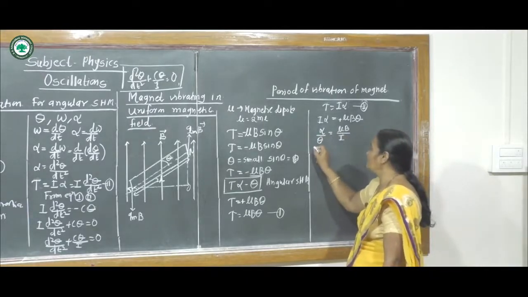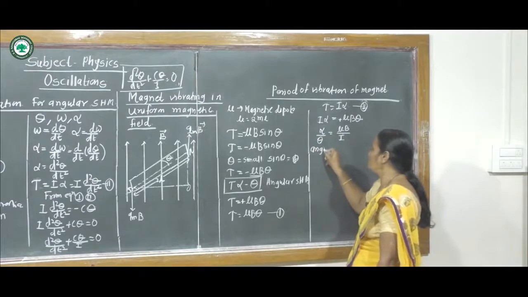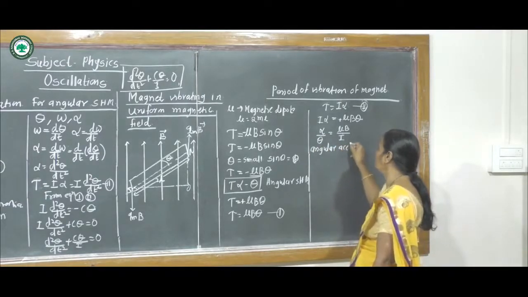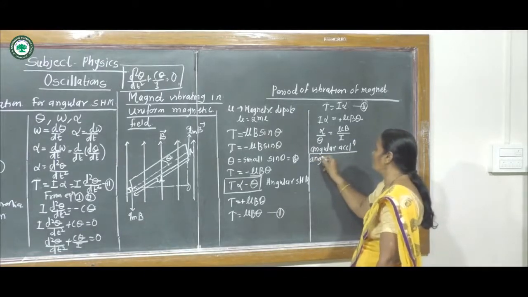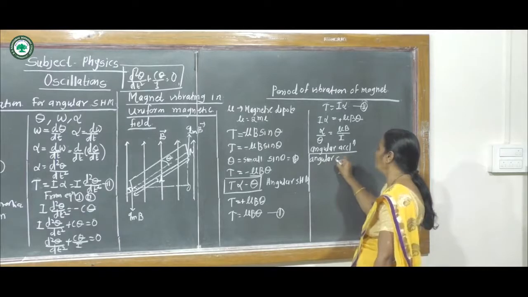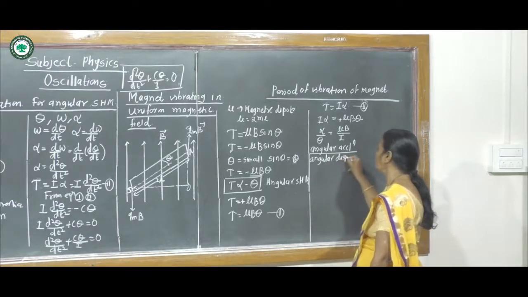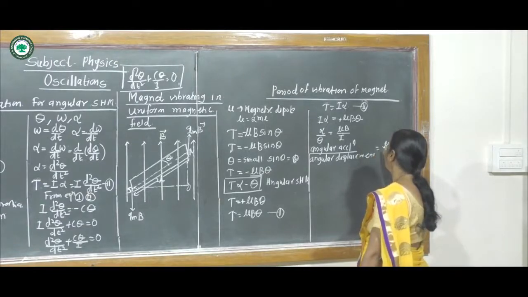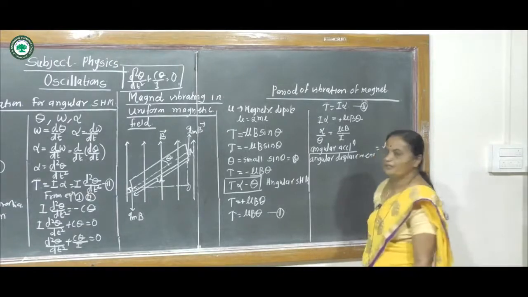So angular acceleration per unit angular displacement is equal to mu B divided by I.